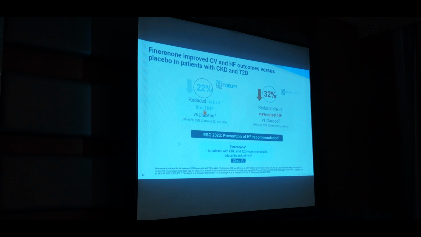These were patients of diabetic kidney disease who had heart issues. New onset heart failure or hospitalization for heart failure tended to reduce. So now the European Society of Cardiology recommends finerenone with a class 1A recommendation in patients with DKD to reduce the risk of hospitalization for heart failure.